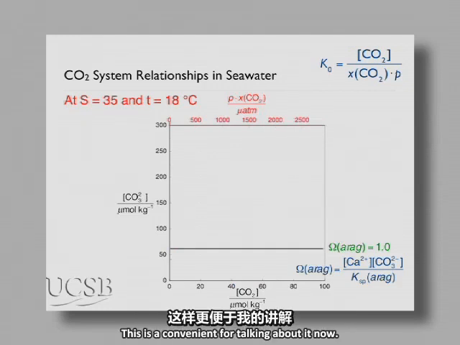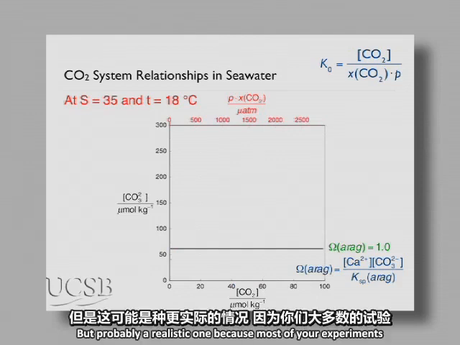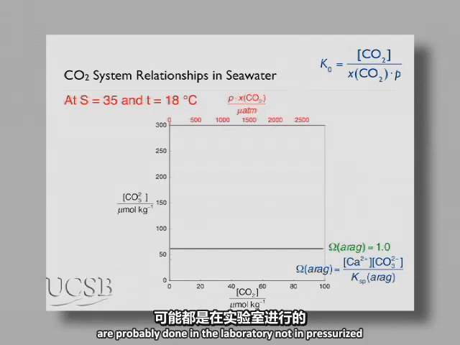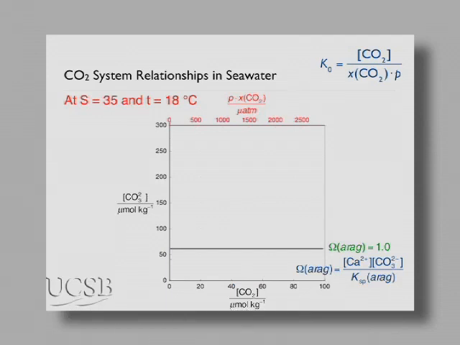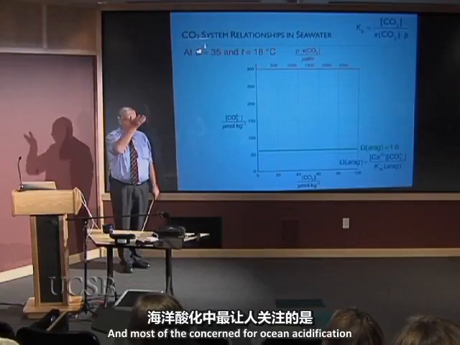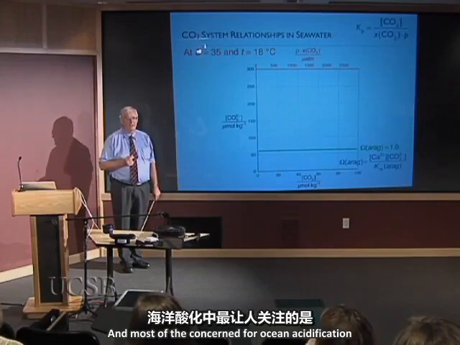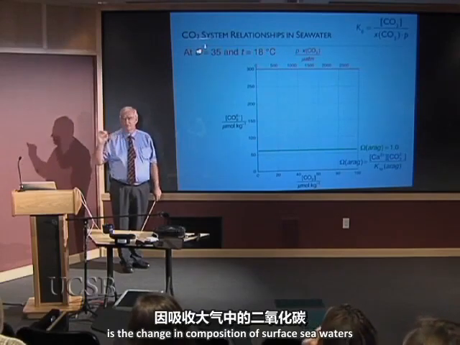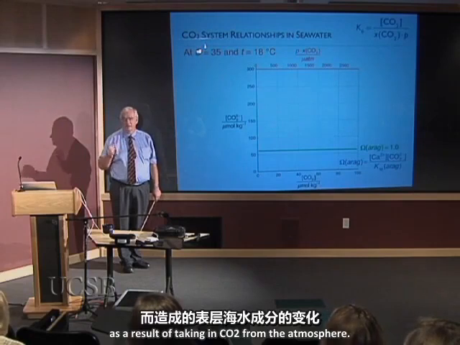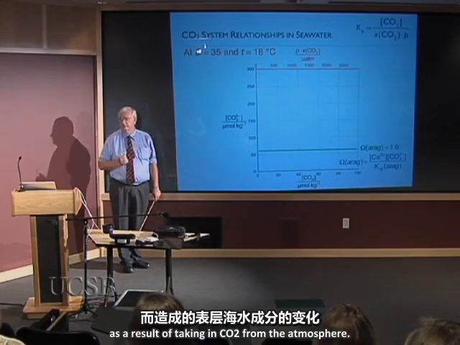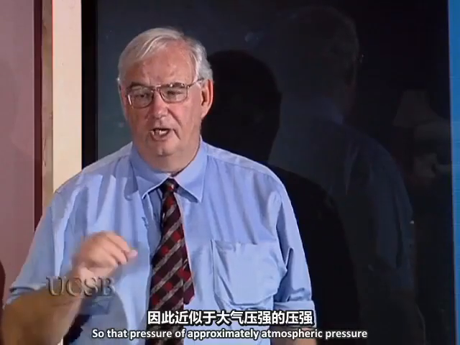This is a convenience for talking about it now, but probably a realistic one, because most of your experiments are probably done in the laboratory, not in pressurized seawater containers. And most of the concern for ocean acidification is the change in composition of surface seawaters as a result of taking in CO2 from the atmosphere. So that pressure of approximately atmospheric pressure is the most important.